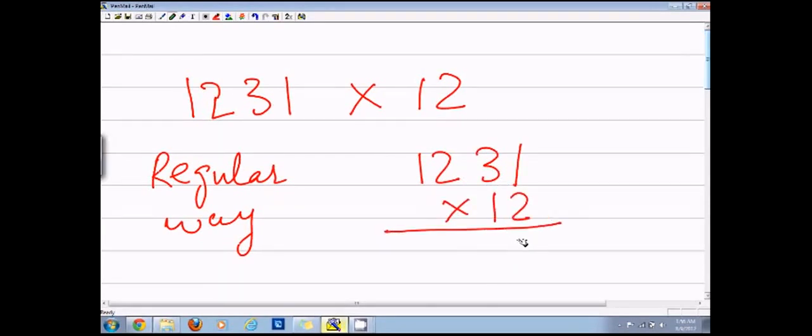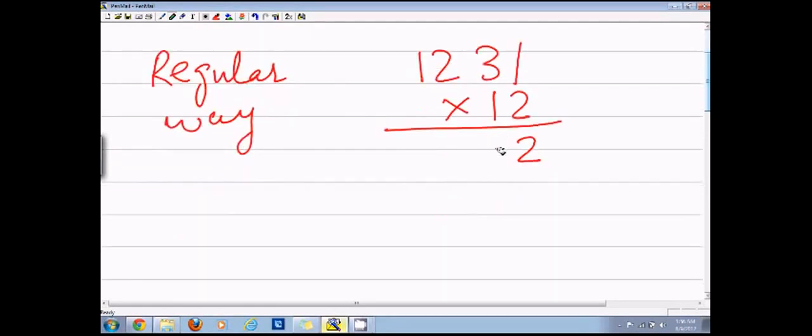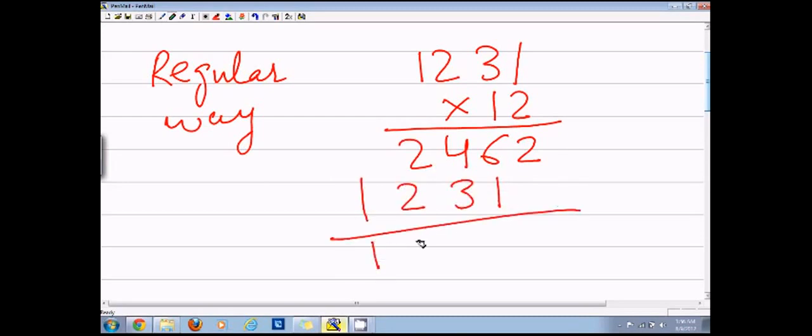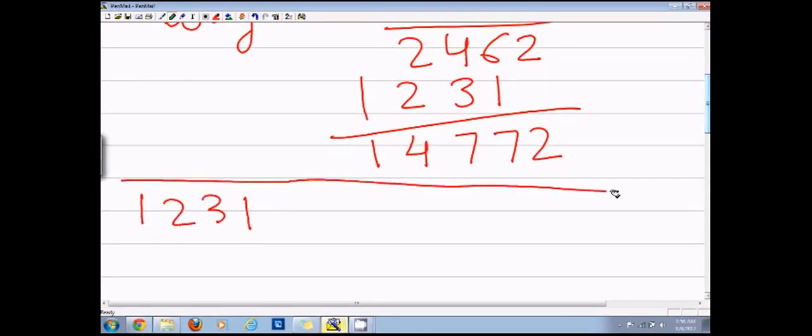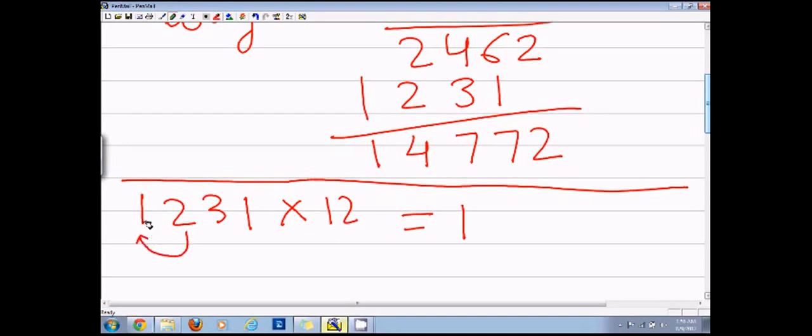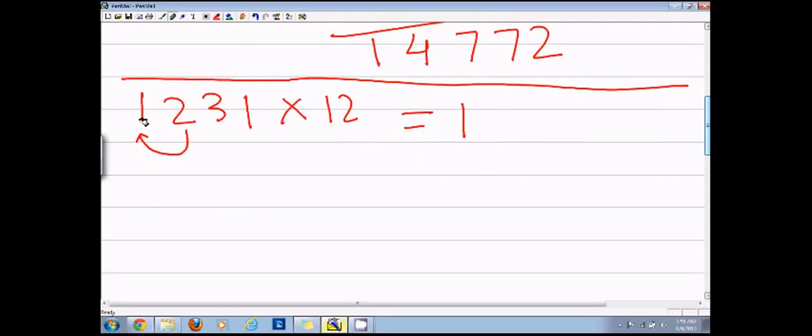In this case I will say 2 times 1231 is 2462, and then 12310 added gives 14772. Now if I look at the problem again, 1231, I will use my own way to multiply it by 12. I first write 1, and then add the next digit, but instead of adding the neighbor one time I will add it two times.